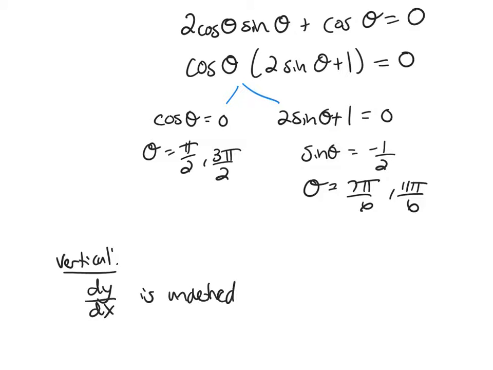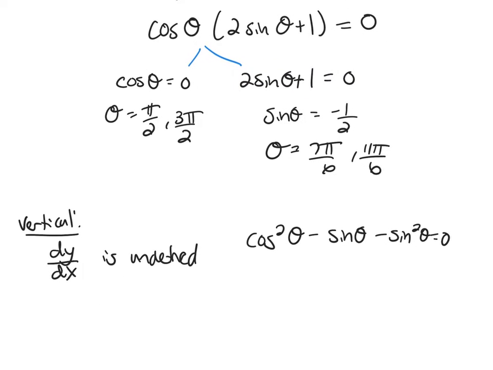So we're going to set the denominator of our derivative equal to 0. Now I'm going to switch this cosine squared to 1 minus sine squared, just so I have the same trig function. They're all sines.